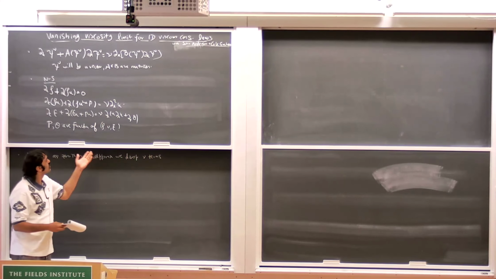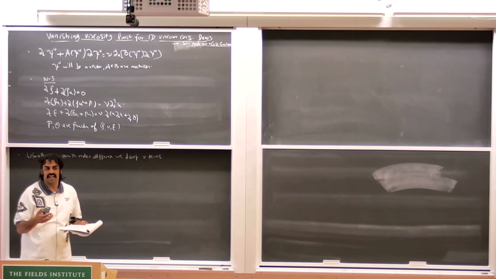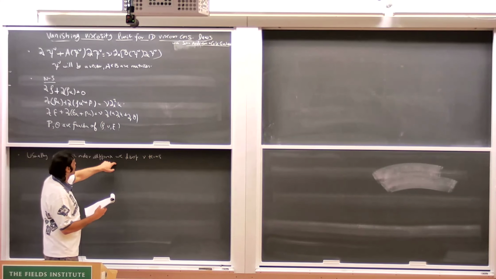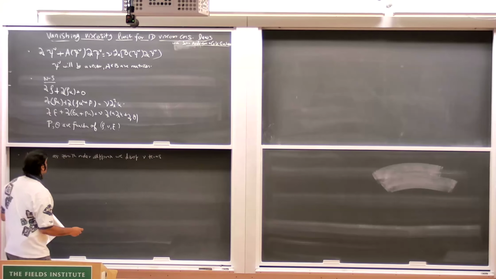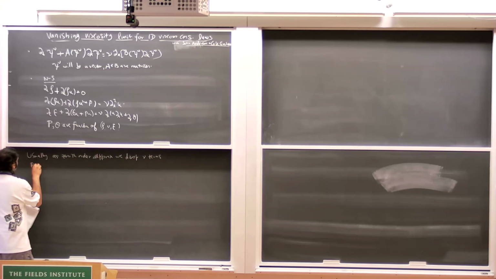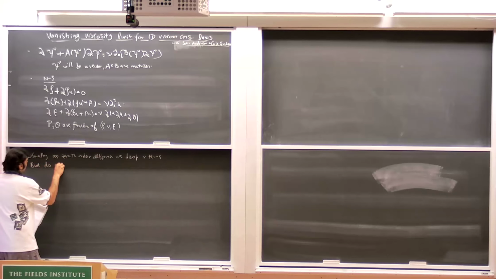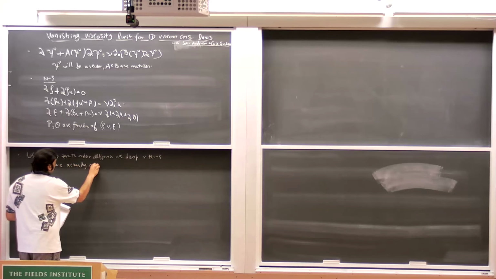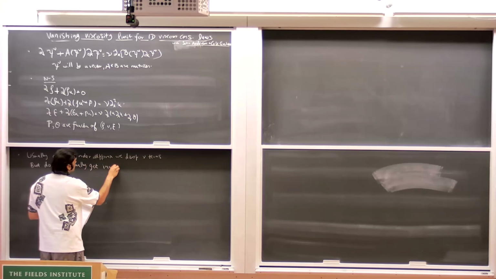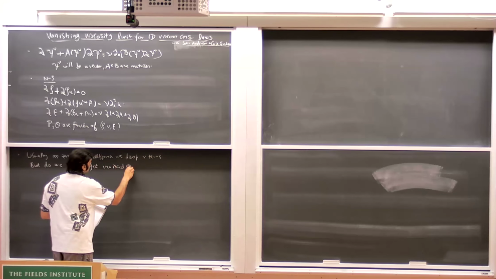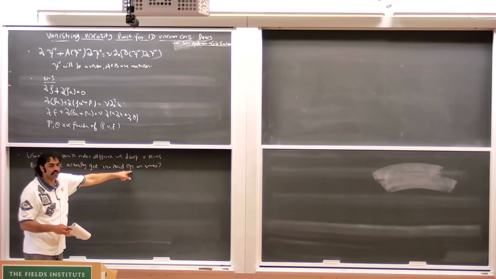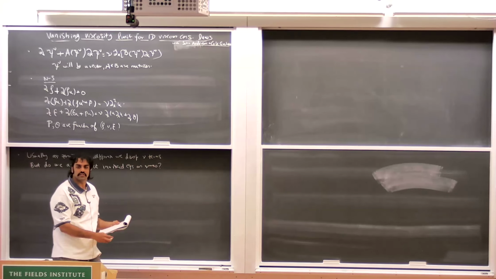But usually, in physical systems, nu will be acting. So the question is, do we actually get the inviscid equations as nu goes to 0? And this is the question I want to answer in this talk.